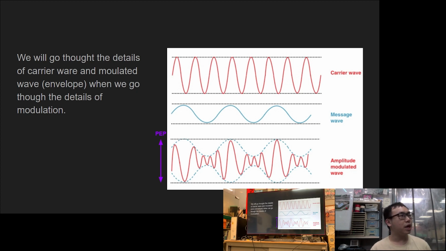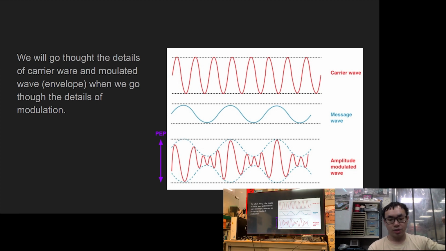Okay, so the signal you really emitted is a combination of the carrier wave and the message wave, which is the amplitude modulated wave. So this is an example of AM, amplitude modulation. And the PEP is the maximum amplitude of the combined wave.